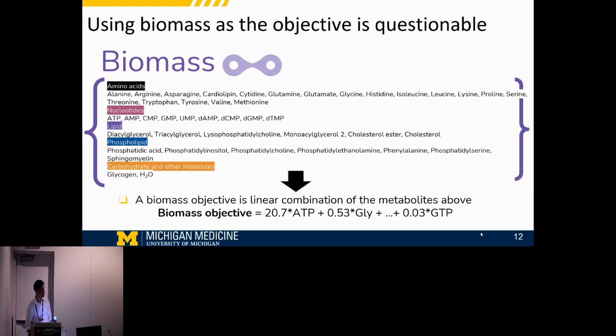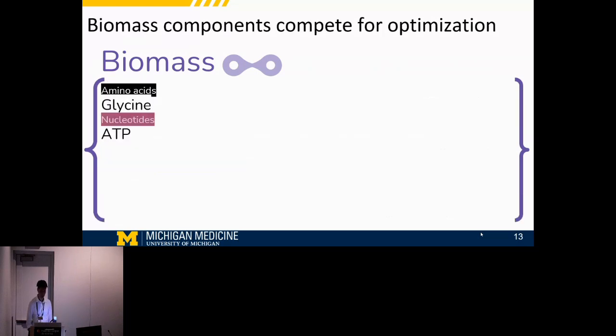For example, we can see ATP has 20.7 for the coefficient and 0.53 for glycine, and so on until they finish the formula with the 40-ish metabolites. So they definitely have different coefficients. However, is that true? Can we keep the coefficients the same for all different types of cells?